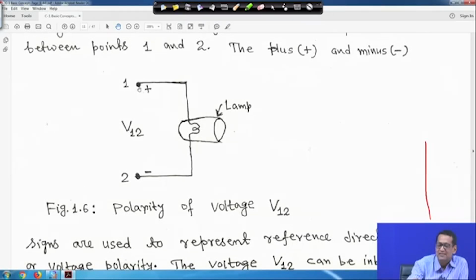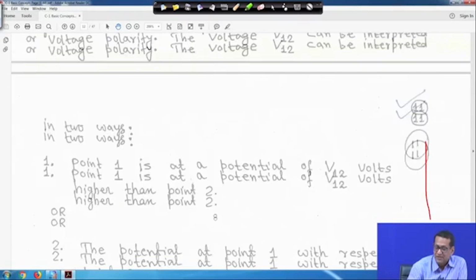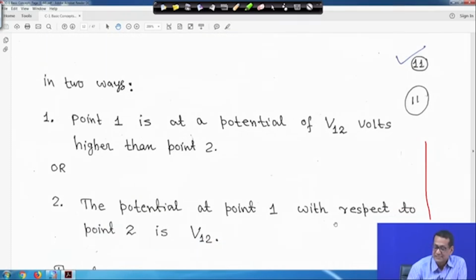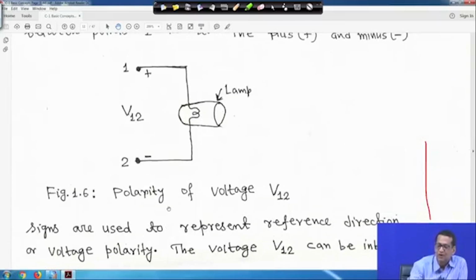The first one is that point 1 is at a potential of V12 volts higher than point 2. Look at this diagram, right. This point is at a potential of V12 higher than the other point 2. Or the potential at point 1 with respect to point 2 is V12. The second one is easier to remember, right.